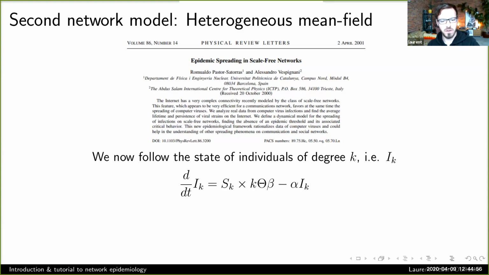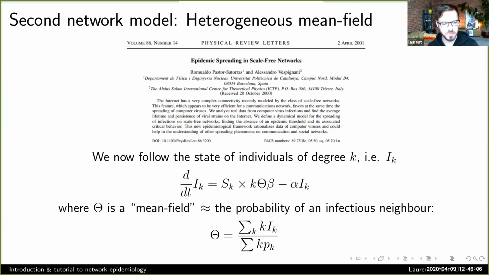So that's why now we want to have this transmission rate per contact and include this degree k in our equation. The big capital theta that's in our infection terms is just the probability that at the end of that edge is an infectious neighbor. So we can just sum over all the links, count all the links in the network, count how many lead to an infectious individual, and normalize that by all the links in the network.